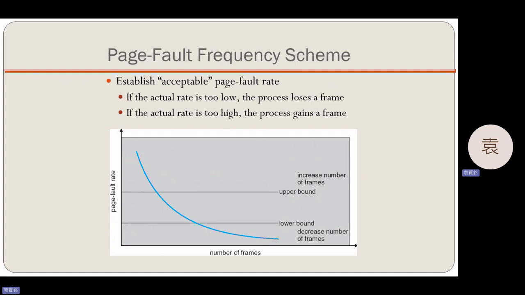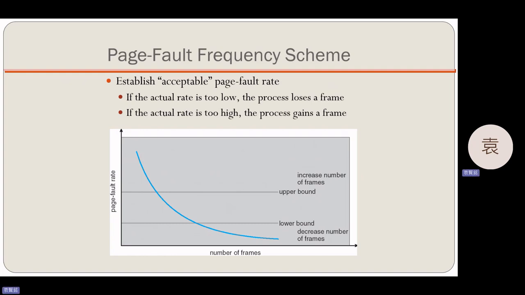If a process has too many page faults, that means its page fault rate is higher than the upper bound, then you try to give this process more physical frames to reduce its page fault rate. This assumption is based on the replacement algorithm not having Belady's anomaly, as the FIFO replacement algorithm does.